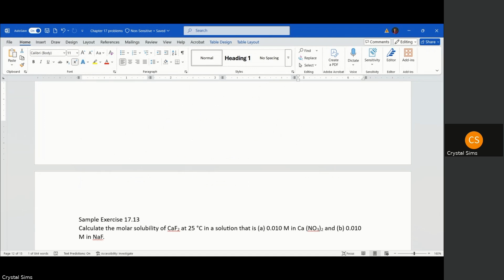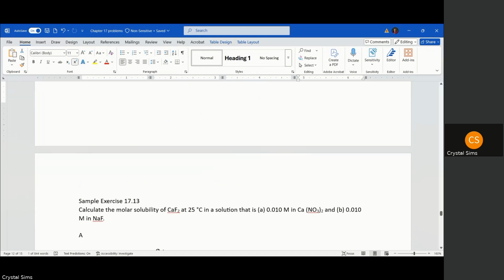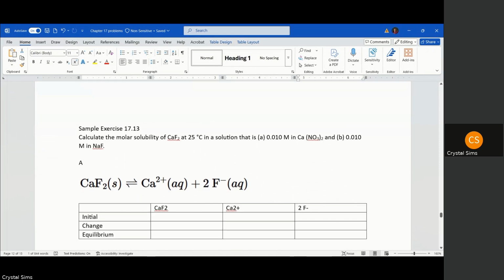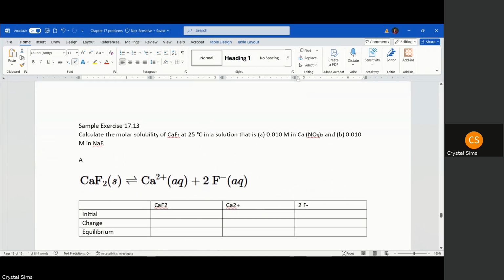So we're going to use our standard ice table here to set up our changes so that we can actually determine how much calcium fluoride will dissolve. So going back to our same equation here, then we're going to get our ice table and figure out our concentration. So again, CaF2, calcium fluoride, is a solid, so we don't have to worry about it.